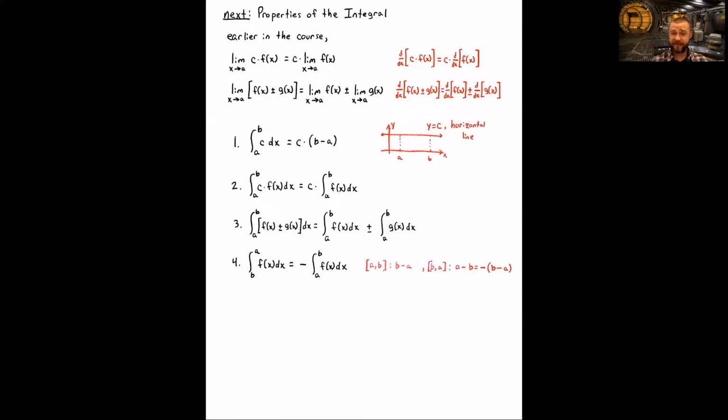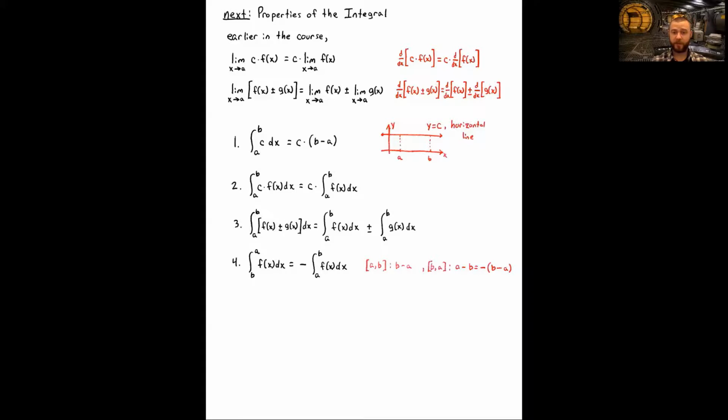Now, where does this negative come from? This is not made up. Well, let's look at the interval from a to b, written in red there. The way we define the length of an interval, it is the right endpoint minus the left. So the length of the interval from a to b is b minus a. Now, the property of integrals written there in property 4, the left portion of that has an interval from b to a. Now, what's that length?